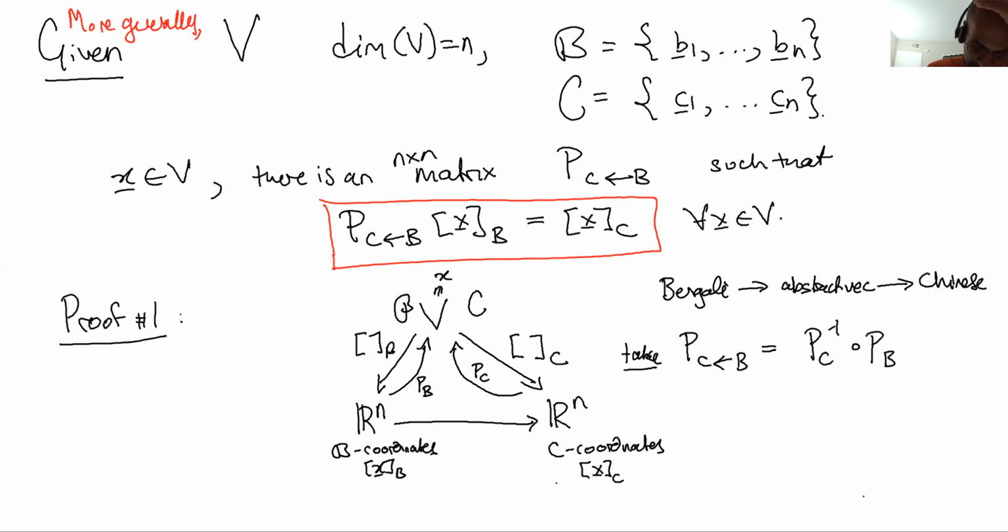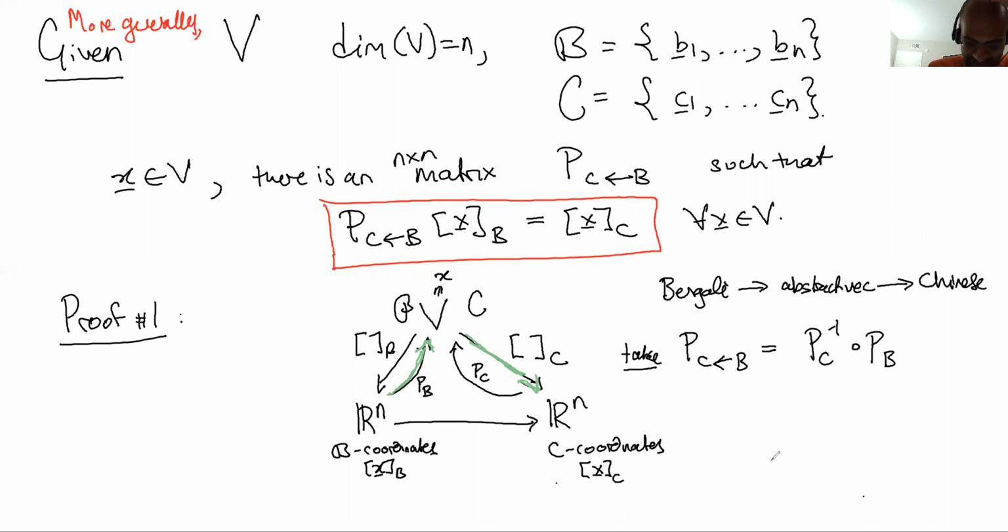The arrows that I'm traversing are going up to V, and then going down to PC. This would be an isomorphism between B coordinates and C coordinates.